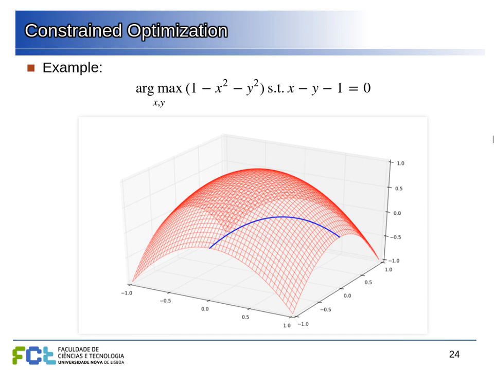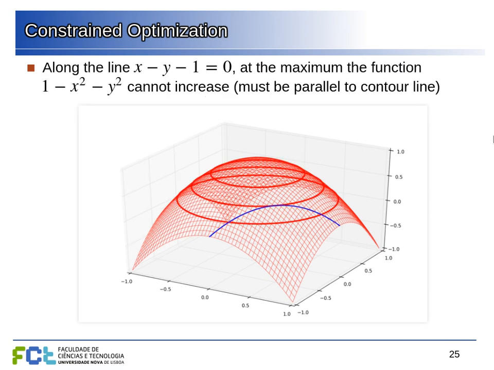Now one thing that we can tell is that if we are moving along this line and we find the maximum of this function in red along this line, then the derivative of this function along the line must be 0. Otherwise we could still climb a bit more. So when we find the maximum, this line must be parallel to a contour line of the original red function.